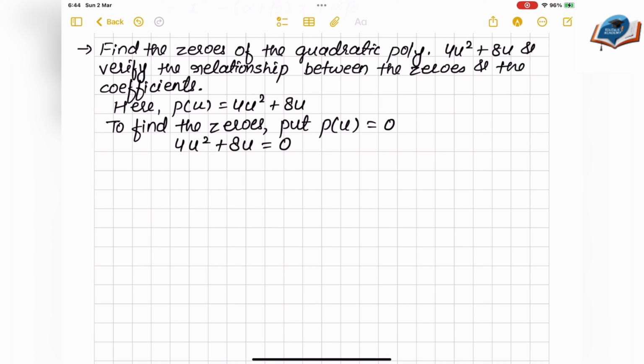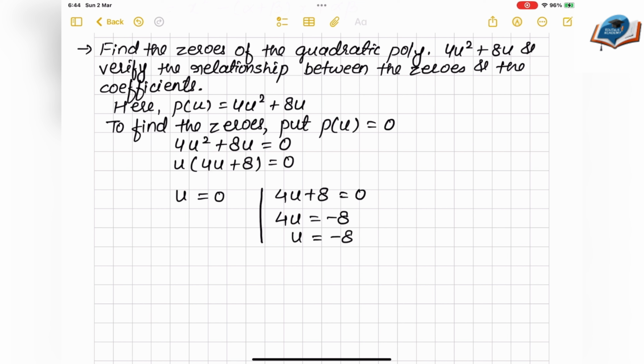So now taking u common, so 4u plus 8 and u outside equal to 0. So here either u can be 0 or 4u plus 8 is 0. So if 4u plus 8 is 0, 4u equal to minus 8, so u equal to minus 8 by 4. So u equal to minus 2. Now two zeros I have got, u equal to minus 2 and u equal to 0.